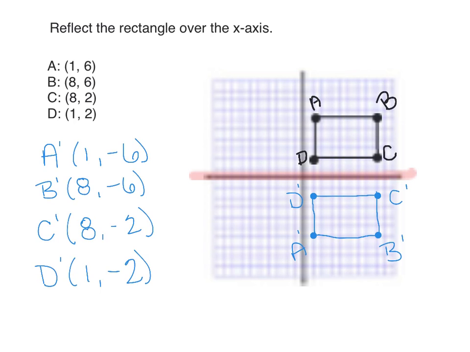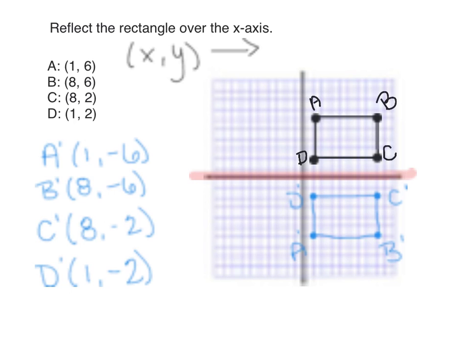Ultimately, in this case, because I am talking about the x-axis, I can write this as a rule. My rules are always going to start with (x, y). And if you notice the relationship between my pre-image points and my image points, each of these x values are exactly the same as what they were to start.